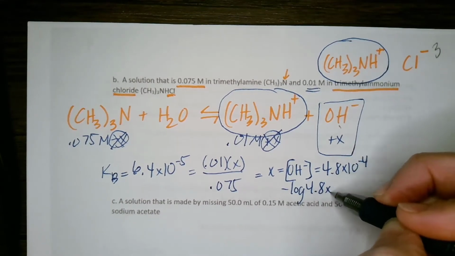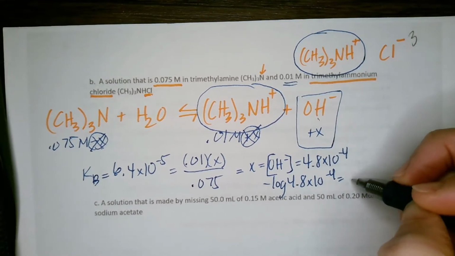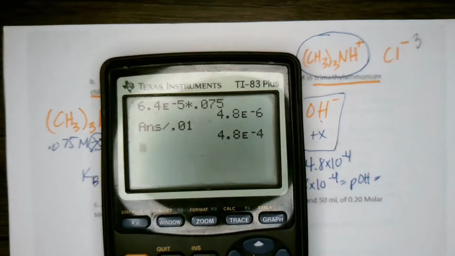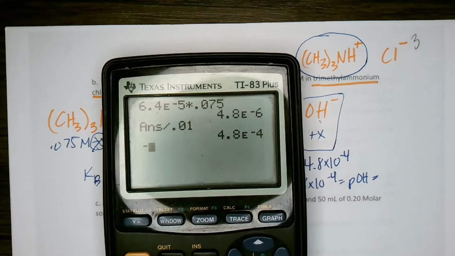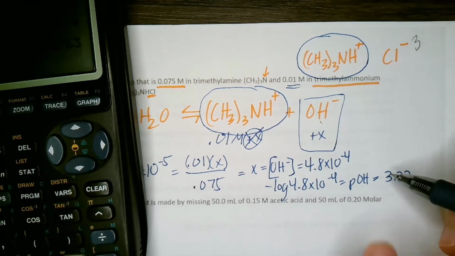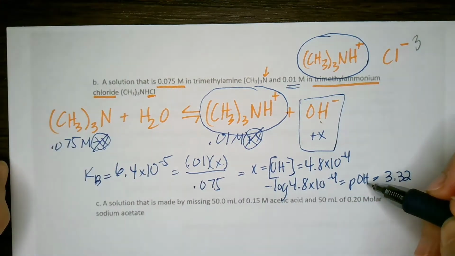Now remember, if we do the negative log of this, it's going to give us our pOH. So the negative log of our answer should be 3.318. We'll round that to 3.32.